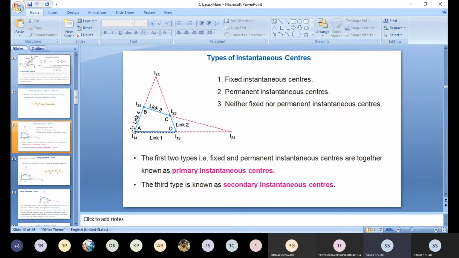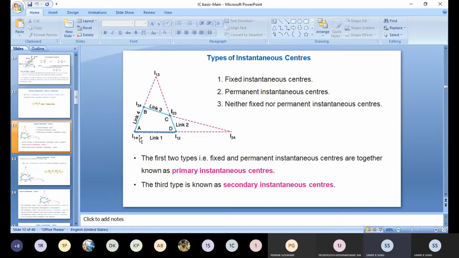If I have this link and this link, link 4 and link 1, and I join these 2 links, then I get one center. It is called the instantaneous center of link 1 and link 4, I14.